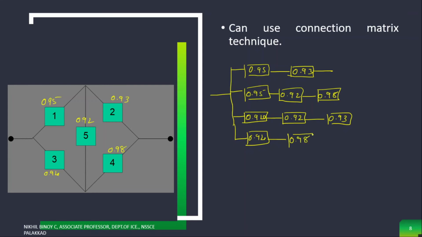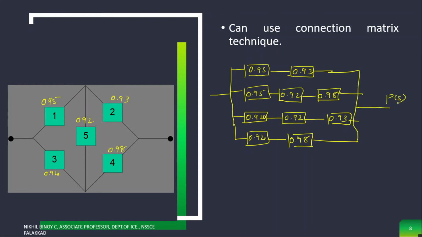So this is the last parallel path. You can see that the direction is not given, so it is starting from this point to this point, meaning we have four paths: one path through 1 and 2, second path through 1, 5 and 4, third path through 3, 5 and 2, and fourth path through 3 and 4. So we have four paths.